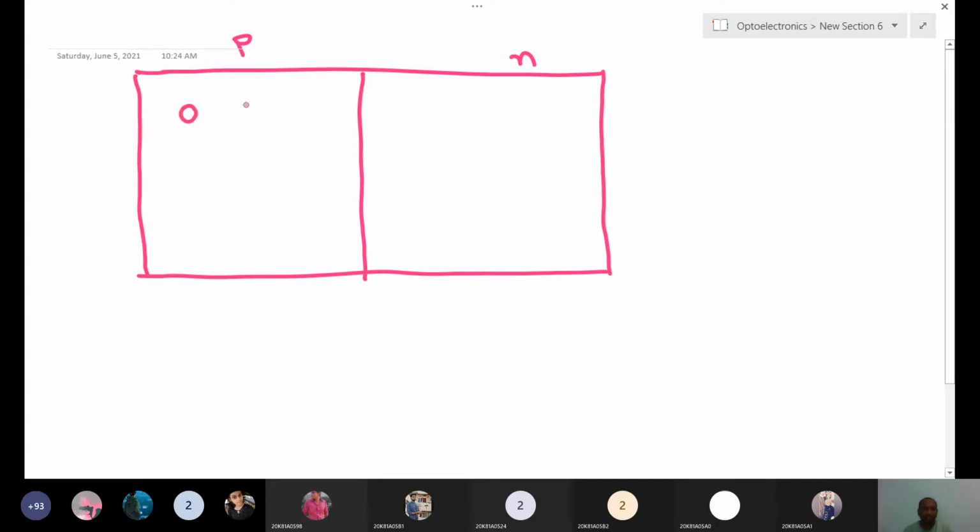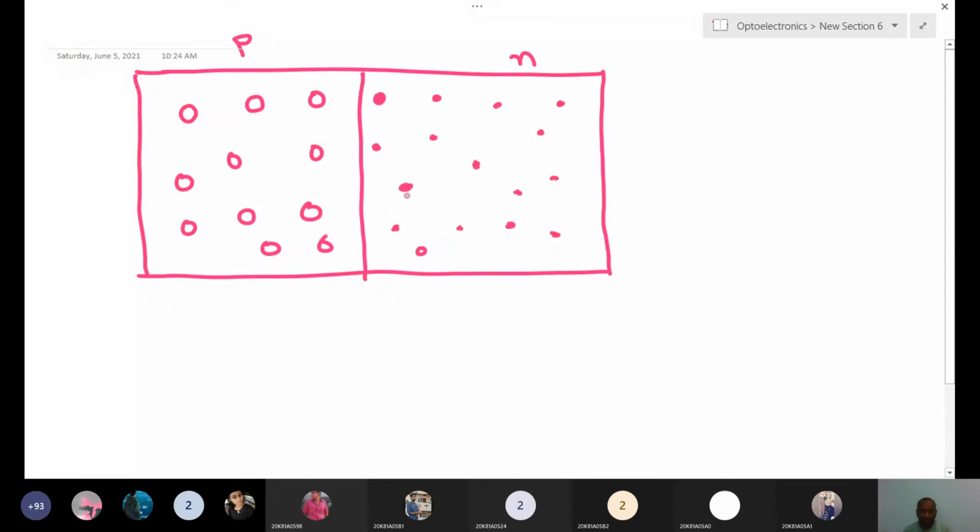In P-type semiconductor, majority carriers are holes and minority carriers are electrons. Similarly, in N-type semiconductor, electrons are the majority carriers and holes are the minority. We have already discussed that in many classes. These bubbles are holes and these dots are electrons.